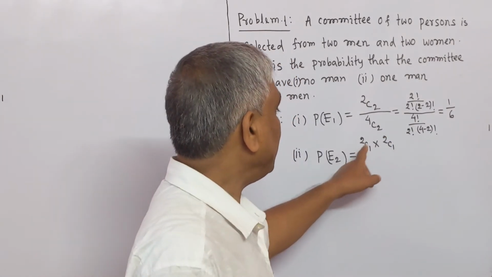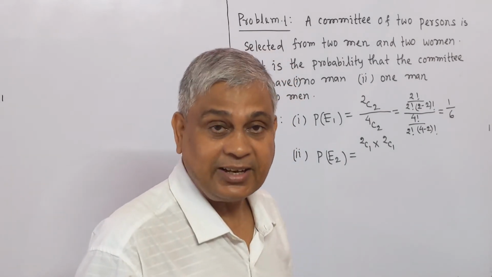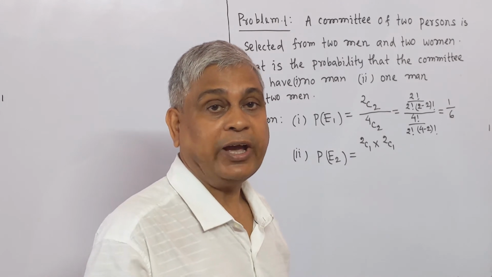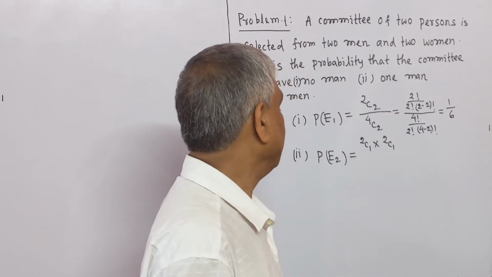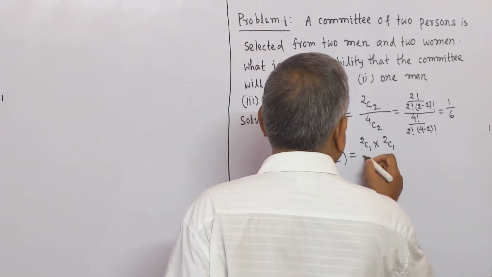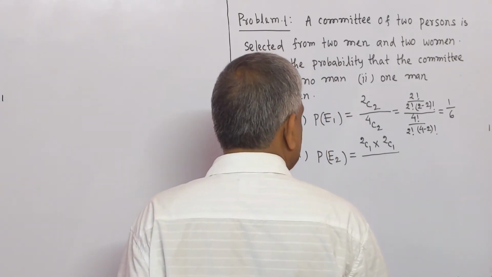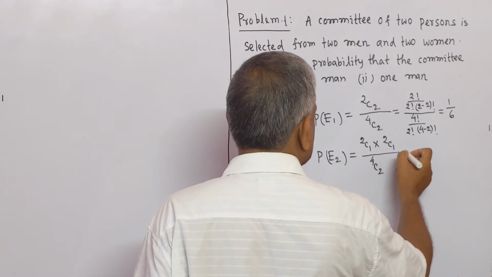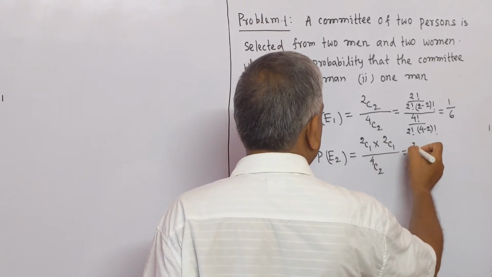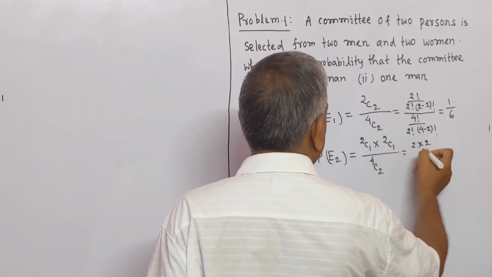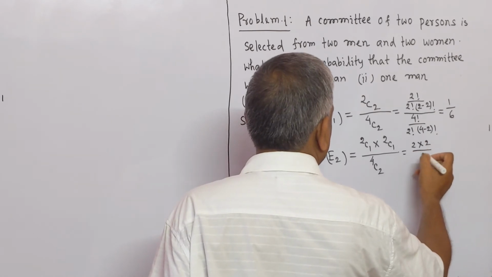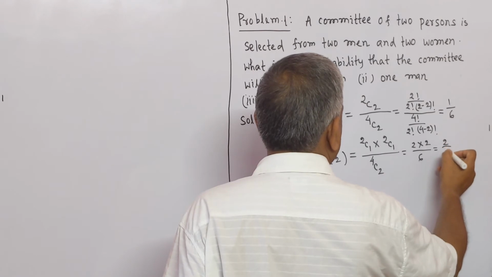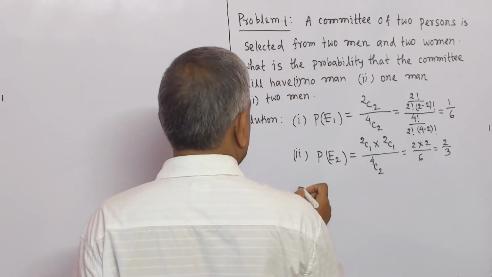Since both works are simultaneously necessary, to find the number of ways we have to multiply these. And in sample space, number of elements will be 4C2, and 2C1 means 2 multiplied by 2, and here 6, so 2 by 3.